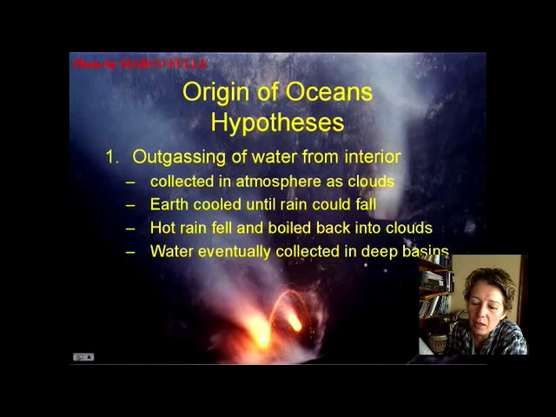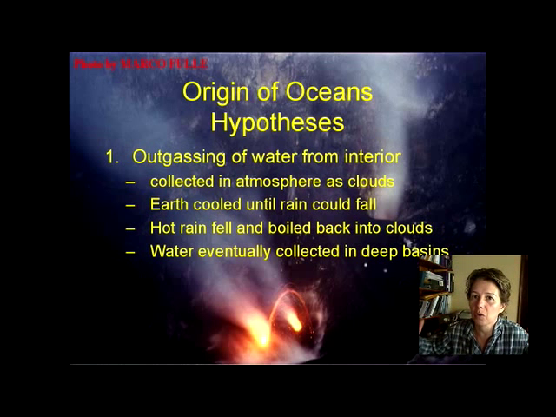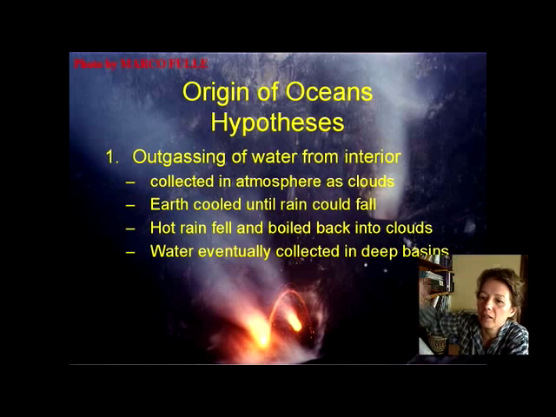And the way that the oceans came to be was due to outgassing. When the Earth had just formed in the protoplanet stage, the water was kind of everywhere. How did it get to the surface? Water is less dense than iron and rock, so it got there through outgassing. Outgassing happened because when volcanoes exploded, water came out as well as all the other stuff that came out of the volcano.